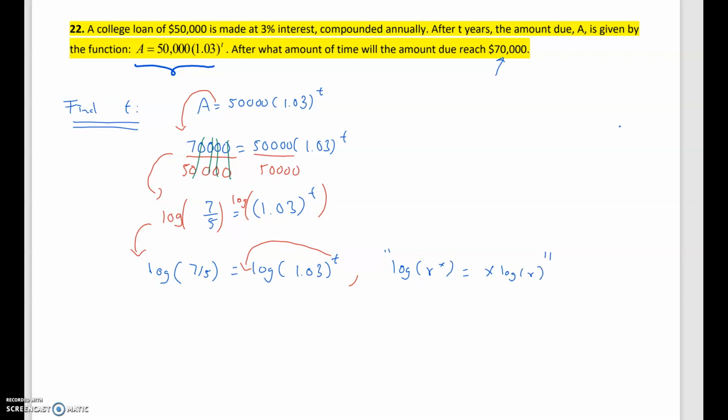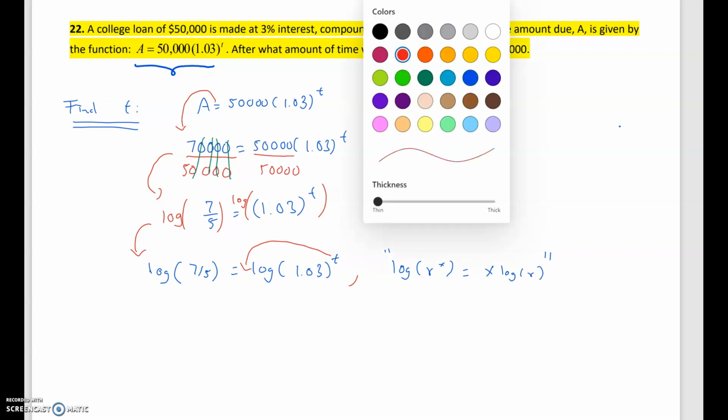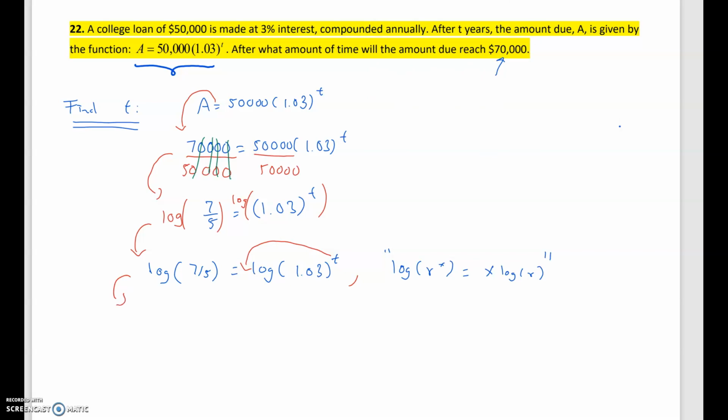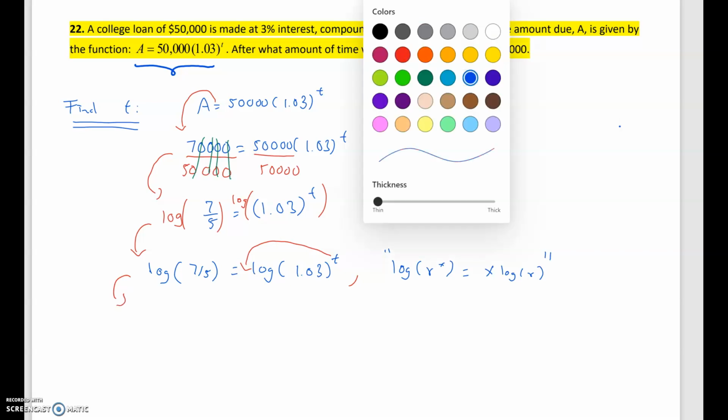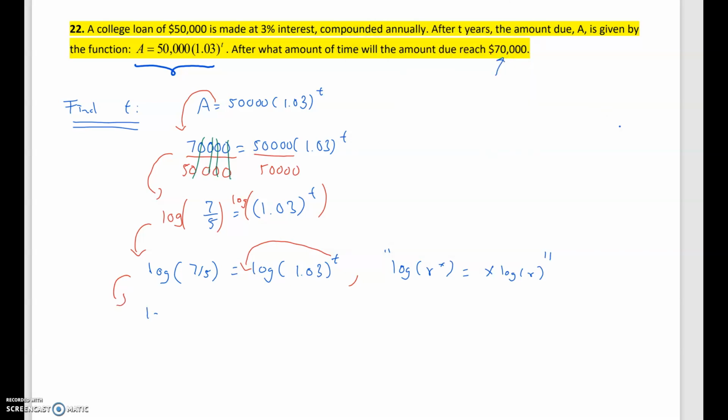Okay, so let me rewrite it with the T already dropped. So we're looking at the log of the 7/5. This is equal to T times the log of 1.03.